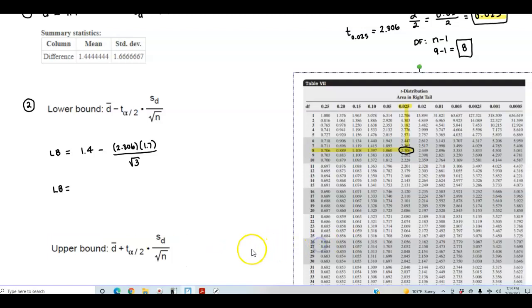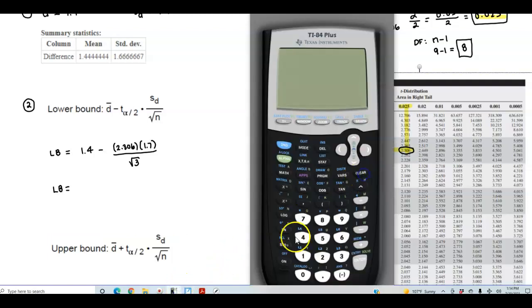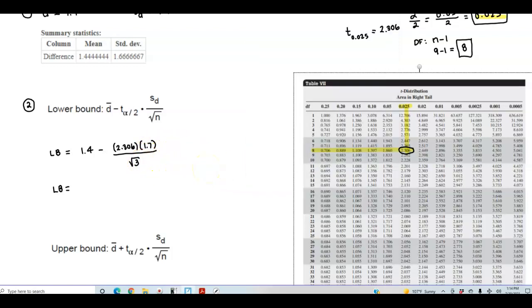Okay, so let's go ahead and determine what the lower bound is here. We're going to follow the order of operations. So we have negative, in parentheses, 2.306 times 1.7. And then we're going to divide that by the square root of, not 3, let me go ahead and correct that.